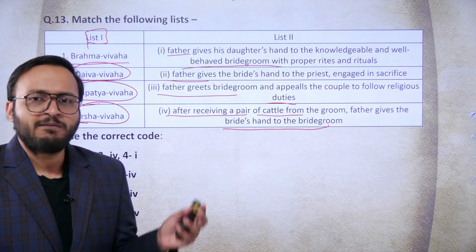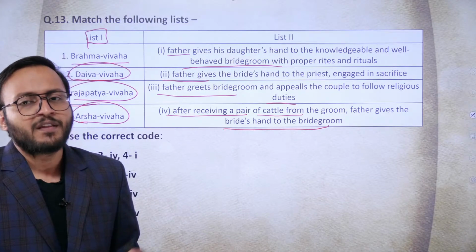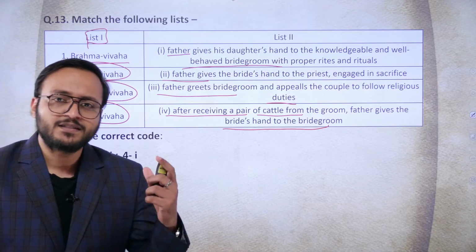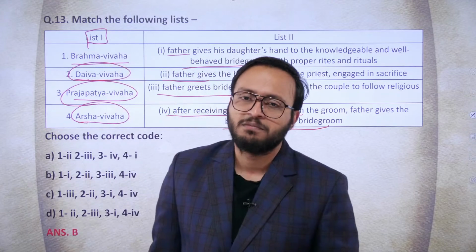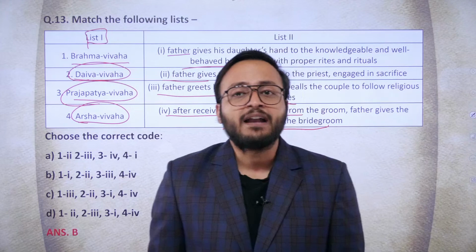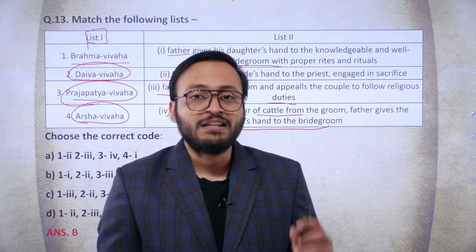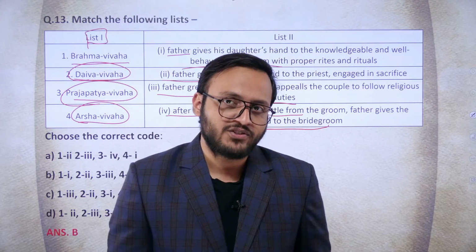Here again, I have already provided the answer so that you can see the answer, but that is not important. What is important is to remember the names of the 8 different types of marriages which existed during the Vedic period, and they continued because even the Arthashastra describes those 8 types of marriages.